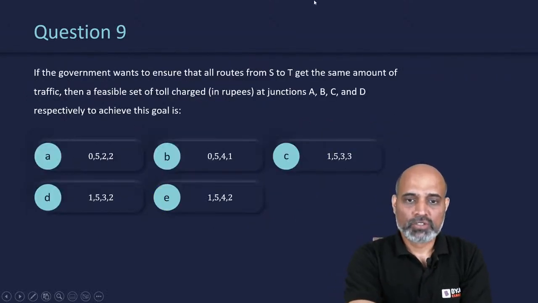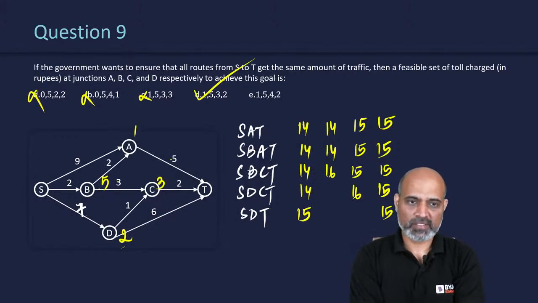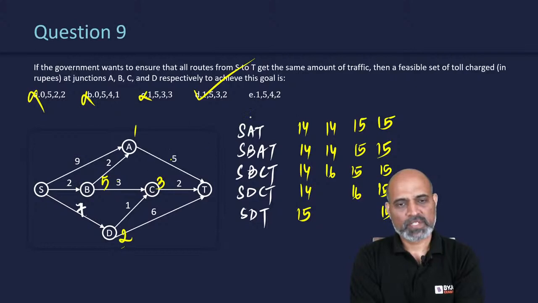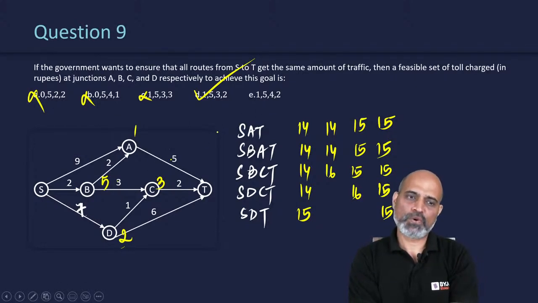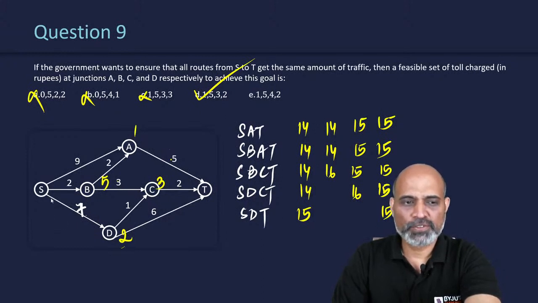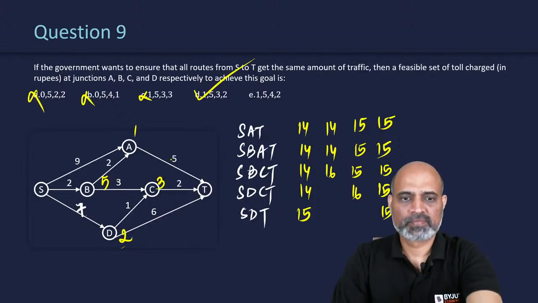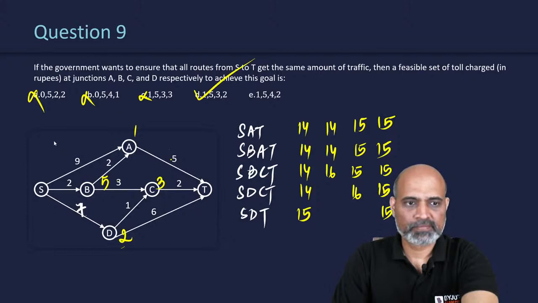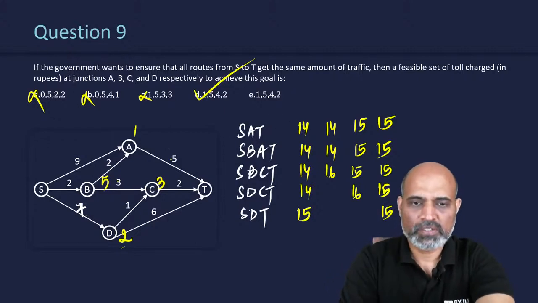Right? So 1, 10, 5, 15, 15, 15, 15. If I take this as 154, 8, 15, 1542. I am changing this.